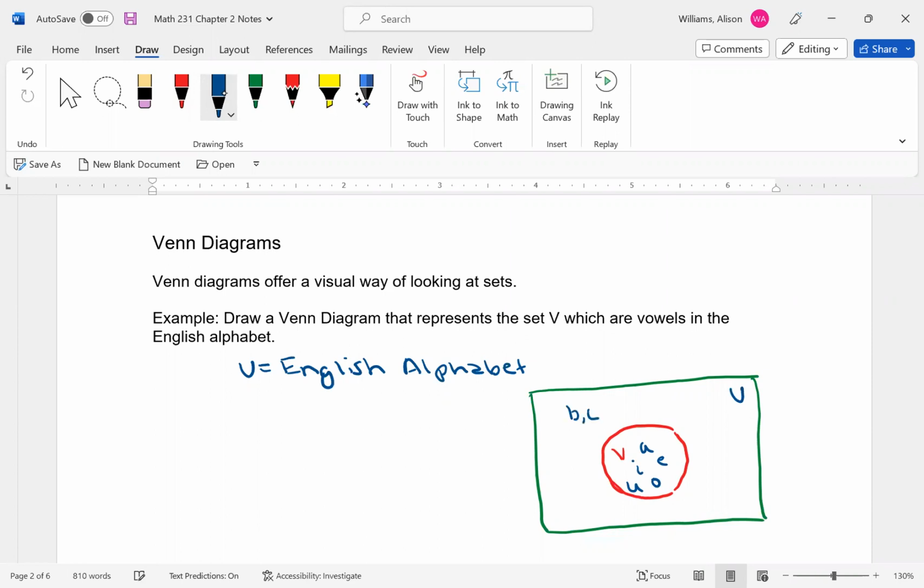So B, C, D, E, F, G, H, J, K, L, M, N, P, Q, R, S, T, V, W, X, Y, Z. And there you go. That's how I could indicate all of the elements.